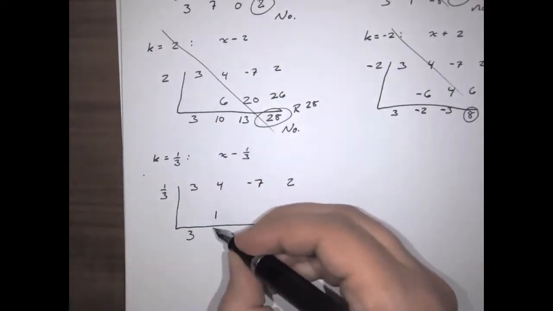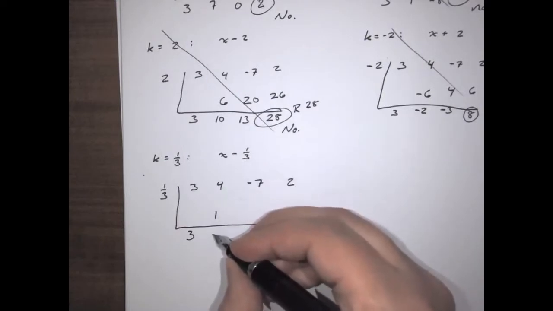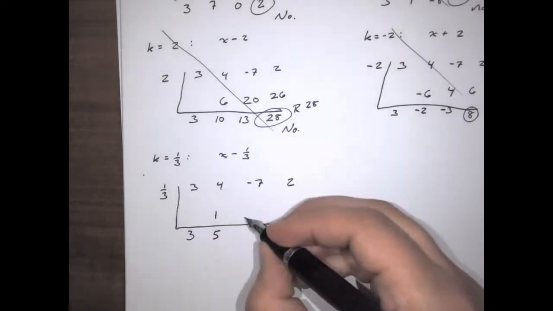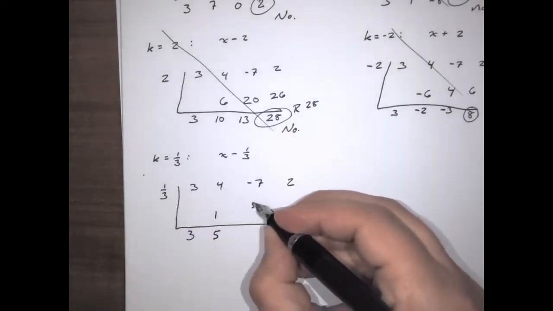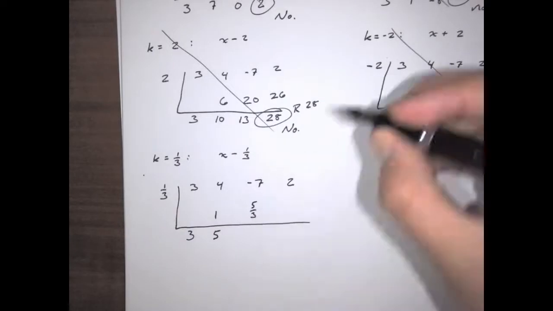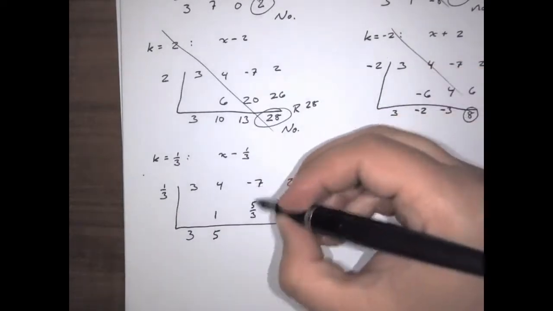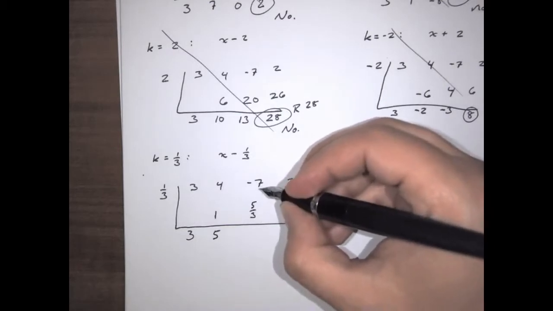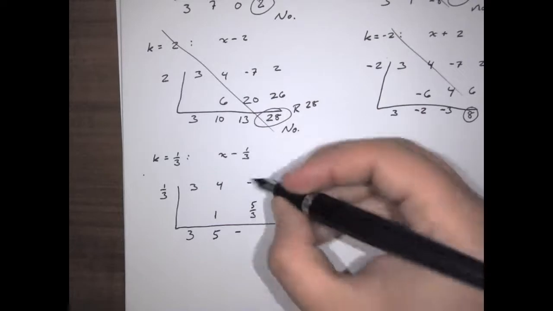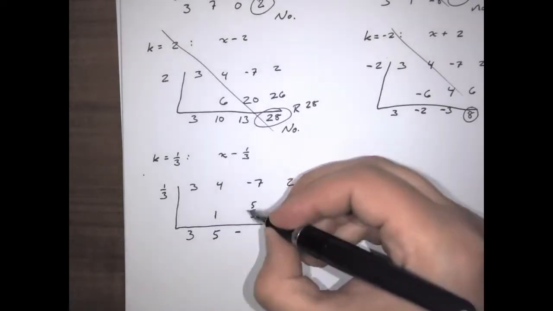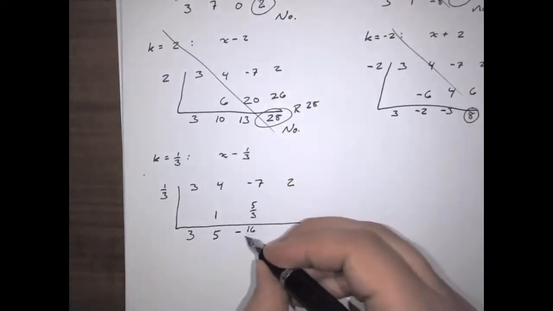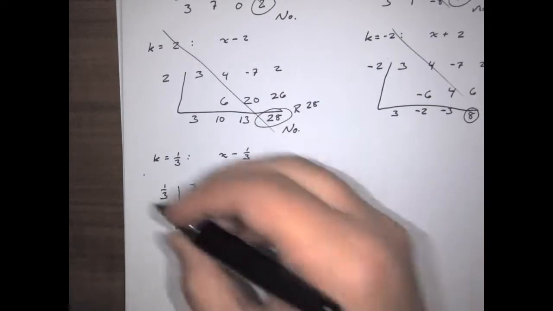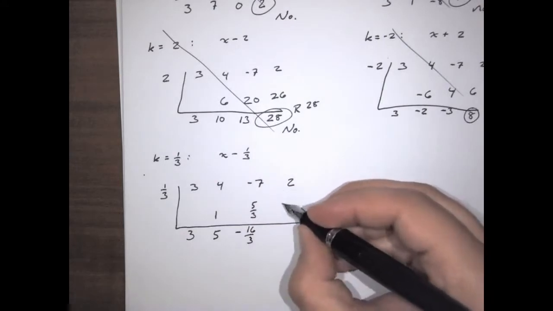That's going to make a 1. Add those. That's going to make a 5. Then 5 times 1/3 is going to make a 5/3. 5/3 minus 7. So 7 is 21 thirds. It's going to be -16 thirds. And then multiply that with that, and I can already tell.